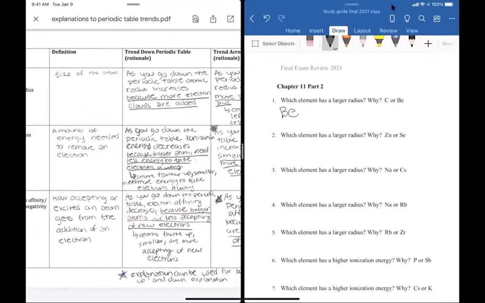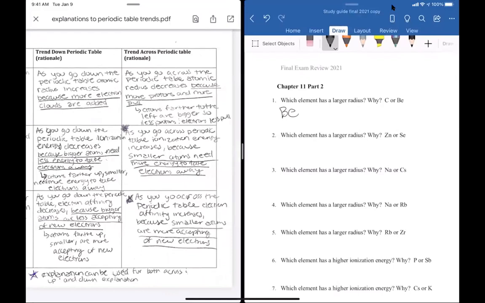So this is as we go across the periodic table. It says, as you go across the periodic table, atomic radius decreases because more protons and more electrons mean more and more pull. So basically, atoms farther to the left are bigger, so less protons and less electrons, we have less pull. So which explanation would I use? Well, I want to say that BE is bigger, right?